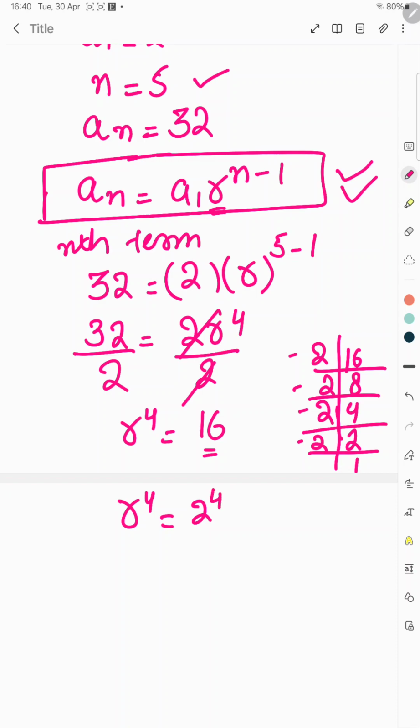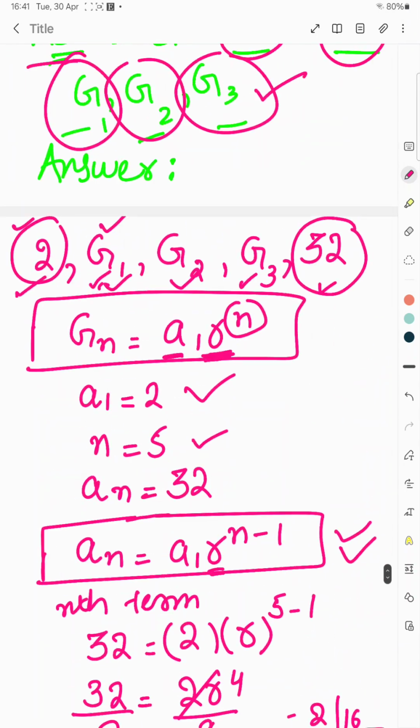Okay student, so I will write 2^4. Now student, you know the rule that whenever powers are same, bases become equal. So here powers will be same, so bases will become equal. So here we will get r is equal to 2. So student, here we get the value of r.